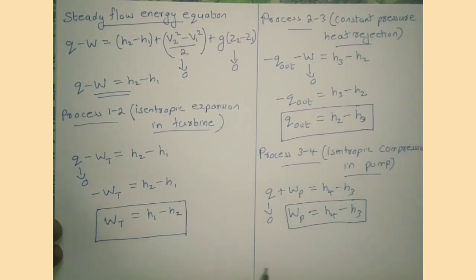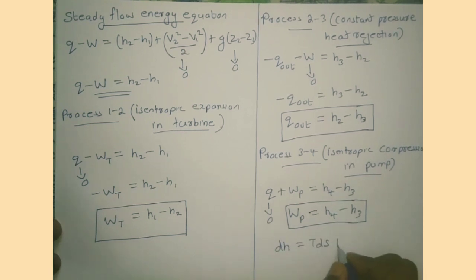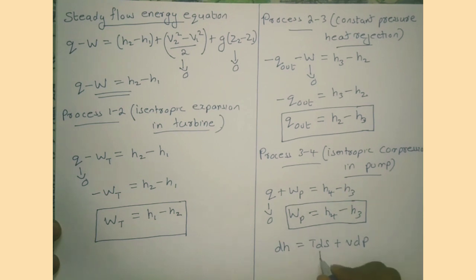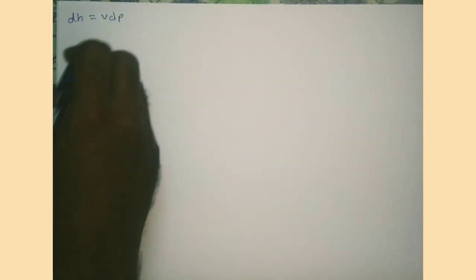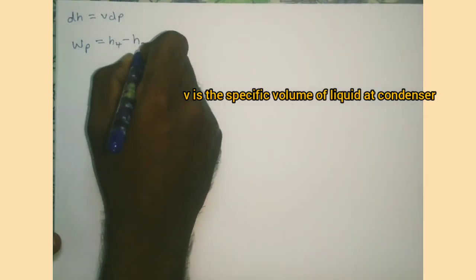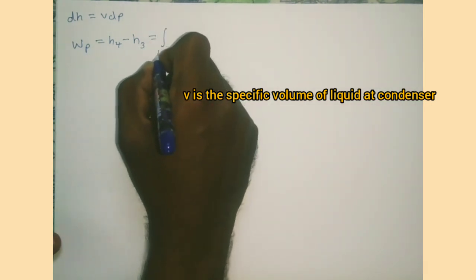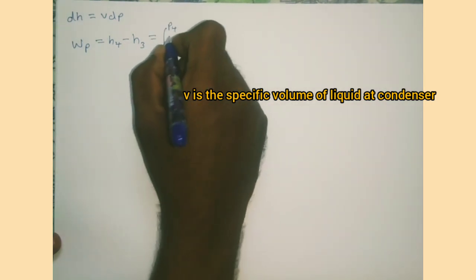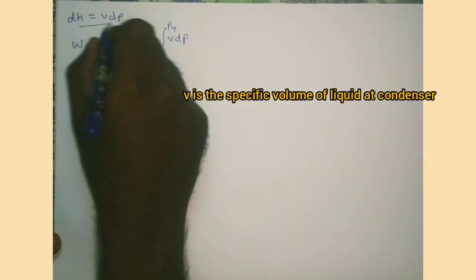From thermodynamic relations, we can write dH equals TdS plus VdP. This is an isentropic process, therefore TdS equals 0. Therefore, we can write dH equals VdP. That is, WP equals H4 minus H3 equals integral from P3 to P4 of VdP.